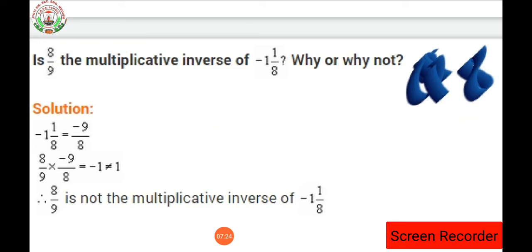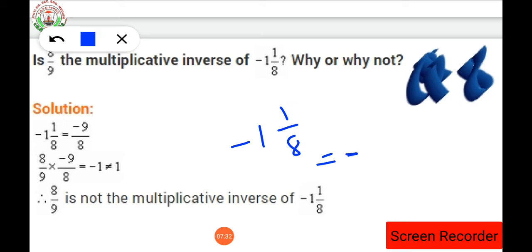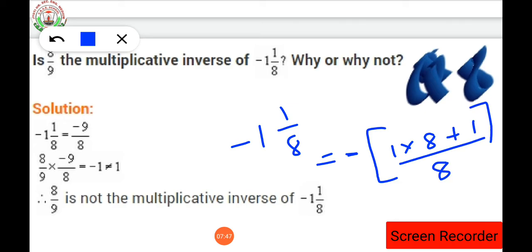Okay, so we are going to change the mixed fraction into an improper fraction. So minus 1 by 8 is equal to, whole is what? The sign minus we will give outside the bracket. So minus outside the bracket, whole is 1 into denominator, that is 8, plus numerator, that is 1, upon denominator.